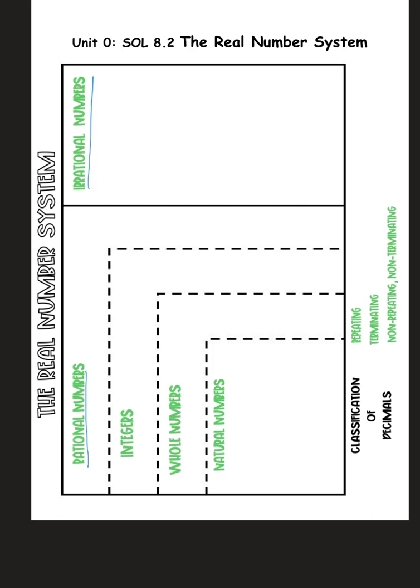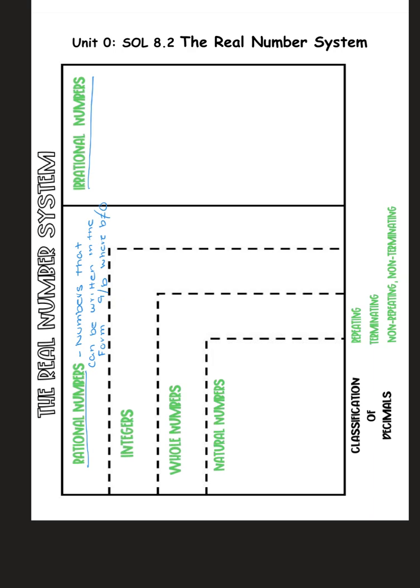All right, so rational numbers are numbers that can be written in the form A divided by B, where B cannot equal 0. So remember, when we're working with fractions, our B cannot equal 0 because it is going to be undefined.